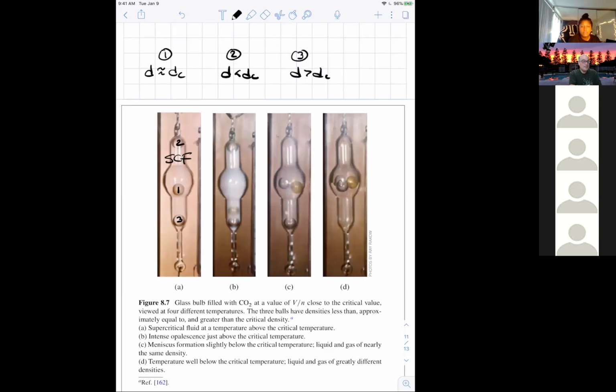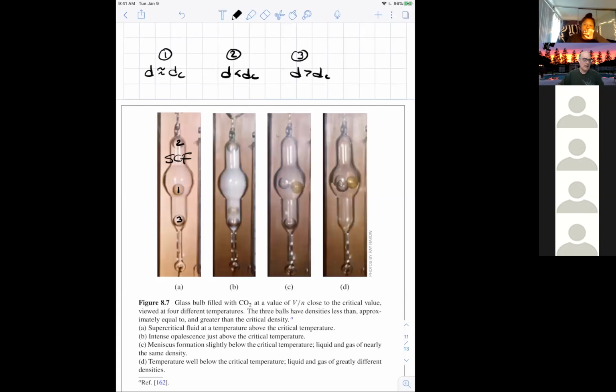Okay, so that's what's happening here in B, is we're just above the critical temperature. This could be just below the critical temperature. And what happens is the fluctuations in the density are so huge that it looks like a fog, because the light coming through is not being consistently scattered.